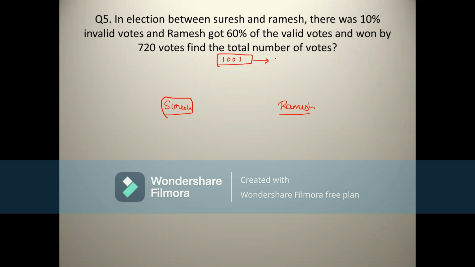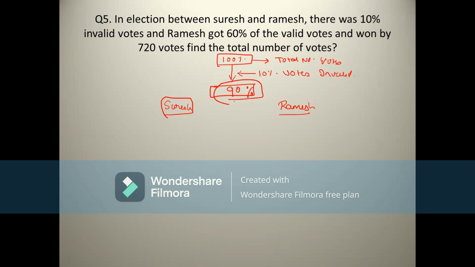From this 100%, 10% of votes are invalid. The valid votes will, of course, be 90%.